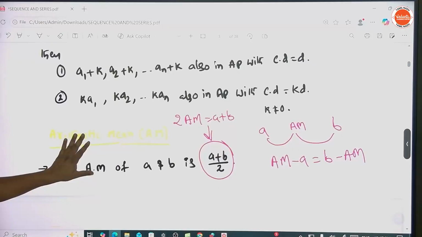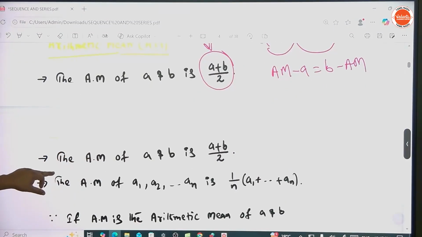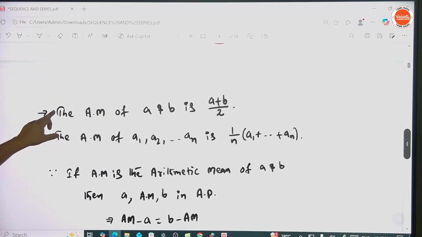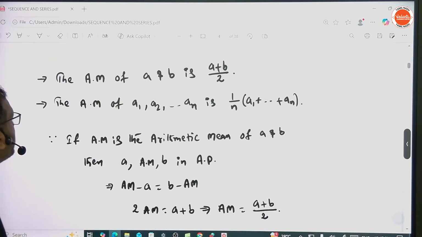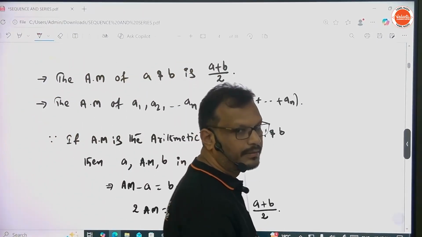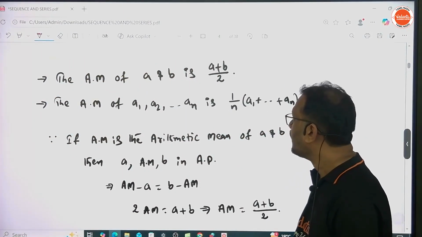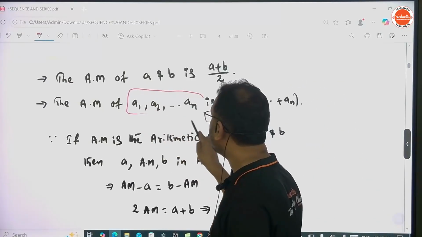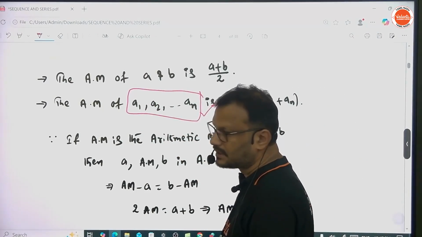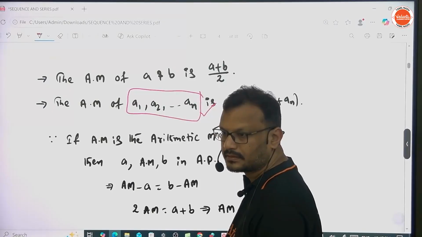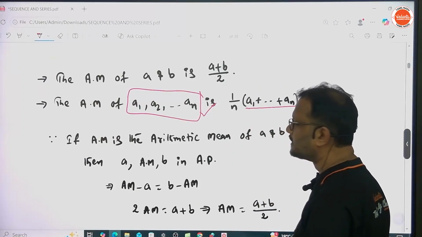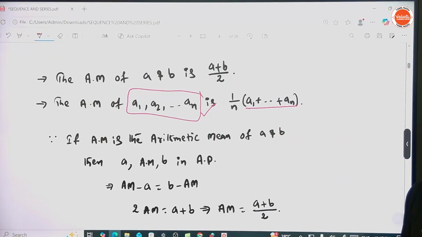Any doubt in this? Is it clear? So simply, if you have two numbers, the arithmetic mean is A plus B by 2. If you have n numbers, the arithmetic mean is the average of these numbers: 1 by n into the sum of the terms. That is the arithmetic mean.